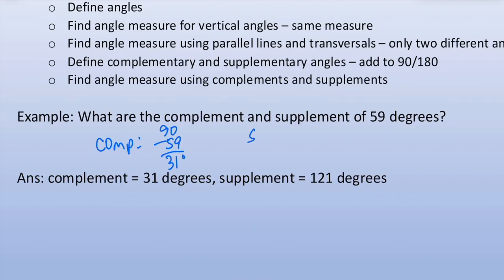The supplement of 59, because they would have to add up to 180, you just take 180 minus 59. 180 minus 59 is 121 degrees. Okay, and so it's just a matter of knowing that language on your cheat sheet. You could write complementary, add up to 90, supplementary, add up to 180. Those are good facts to know.